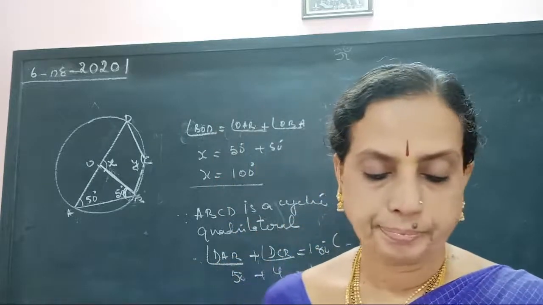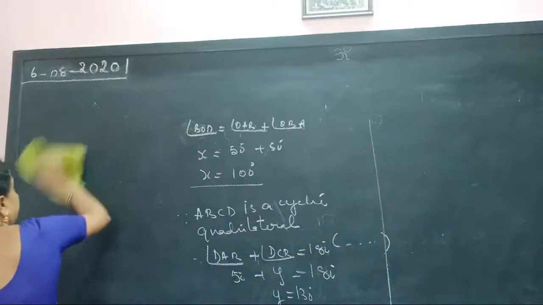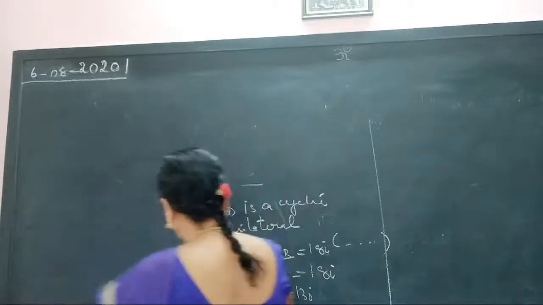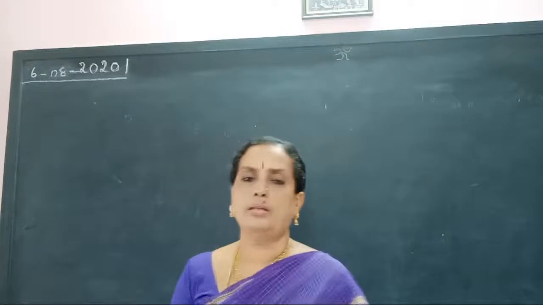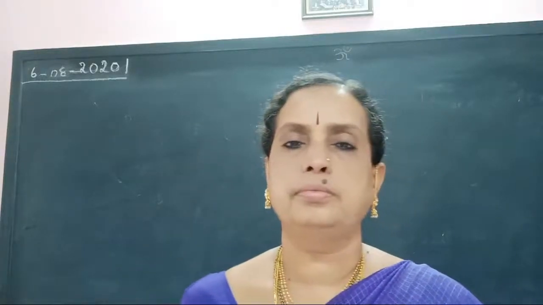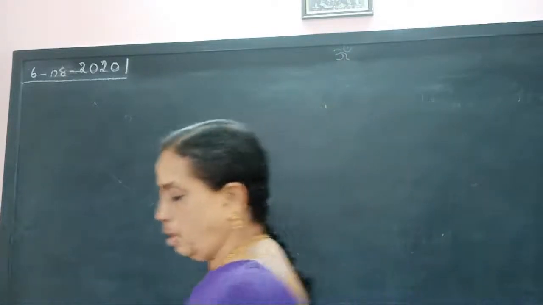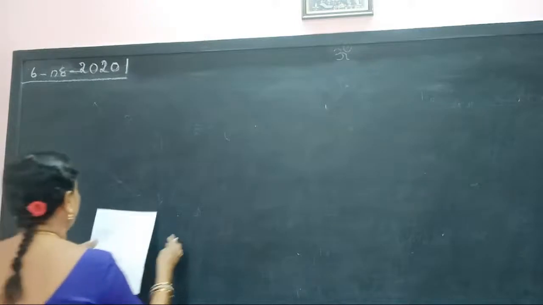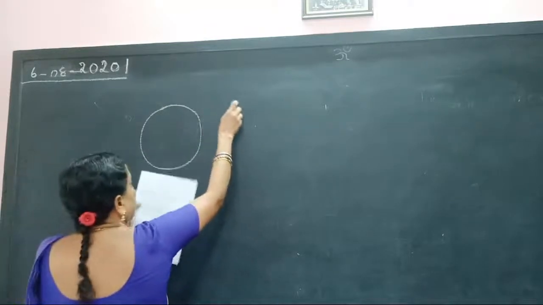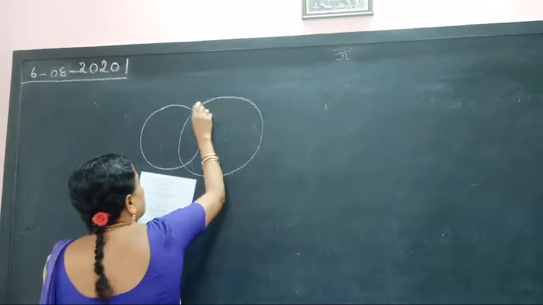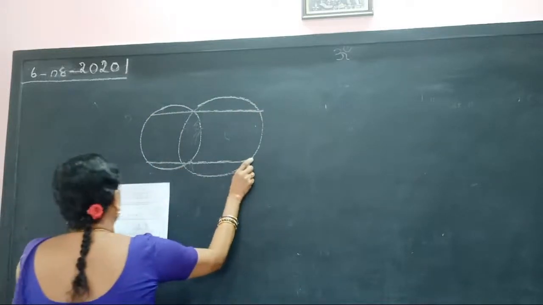Next question. In the figure, angle BAD. Very good question. Take two circles intersecting each other in two distinct points like this. Take a straight line. Here also it is a straight line.